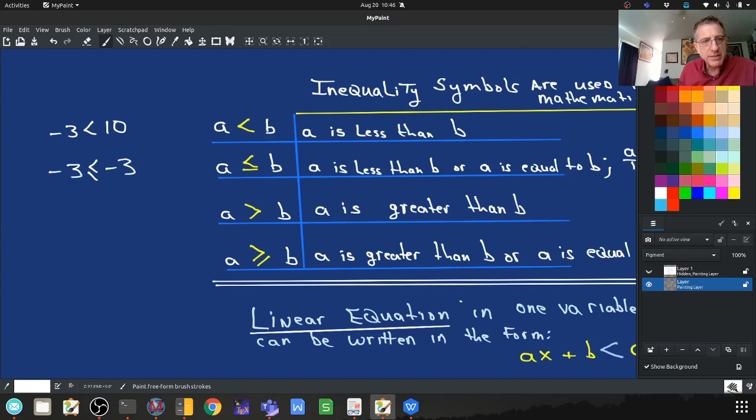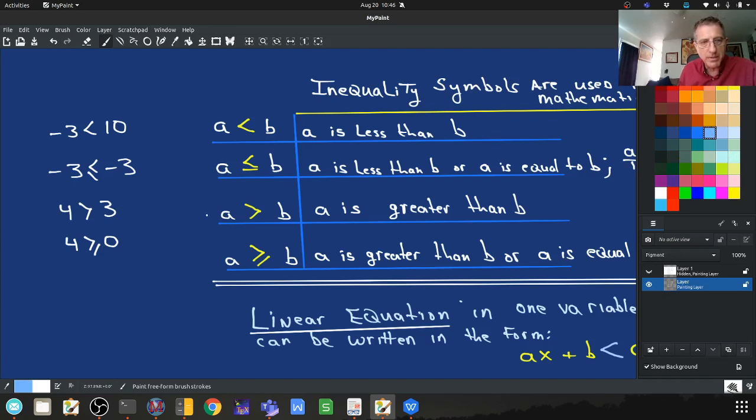So this is read minus 3 is less than minus 3, which is false, or minus 3 is equal to minus 3, which is true. So this is a true example of that statement. A is greater than B, 4 is greater than 3. 4 is greater than or equal to 0. In this case, 4 is not equal to 0, but 4 is greater than 0, so it's true. So all of these are examples of true inequality statements.